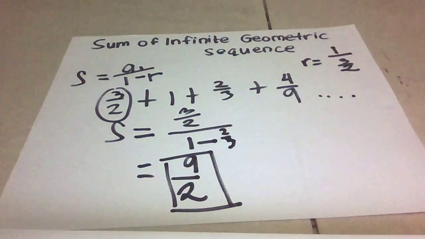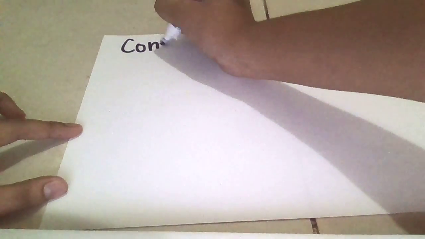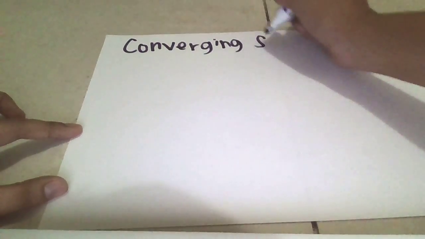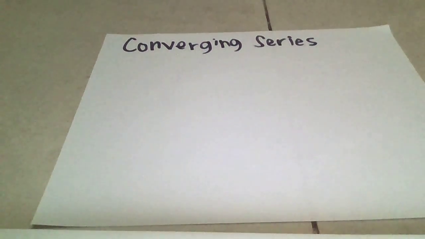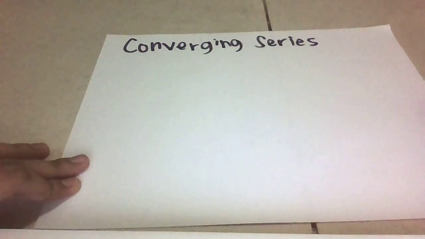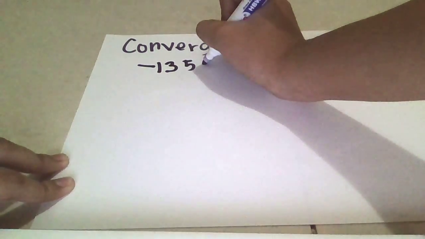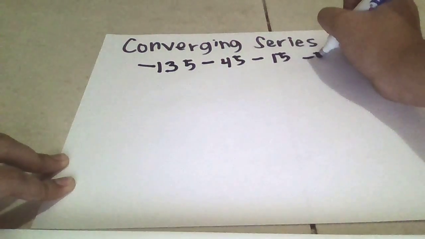That's it. So in addition, I'm gonna give you an example of a converging series. This is when the common ratio is less than 1. An example is -135 minus 45 minus 15 minus 5.